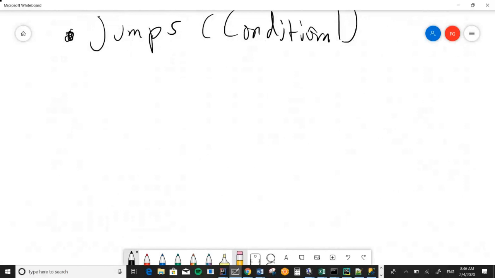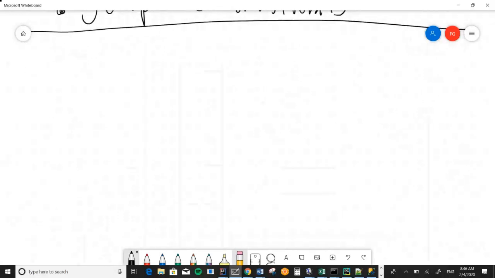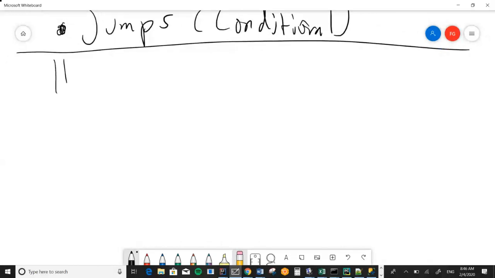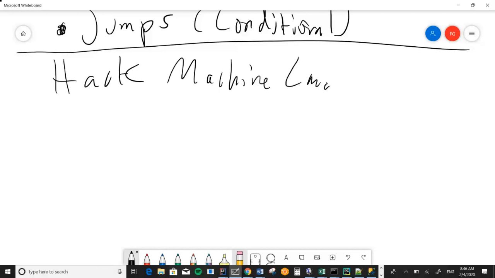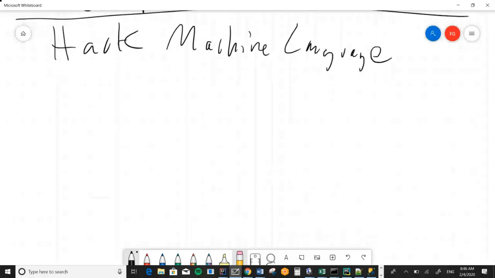So that's what I'm going to go over next. This machine language is called Hack machine language. They have named their CPU the Hack, and then ultimately the high-level language we create, they're going to call Jack. So anyway, Hack machine language.